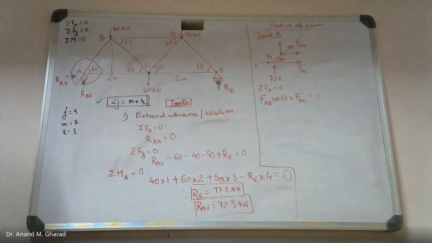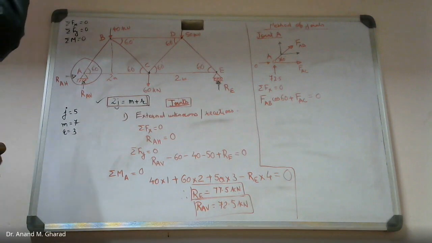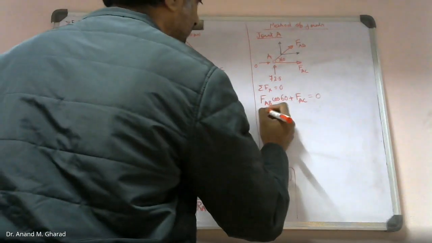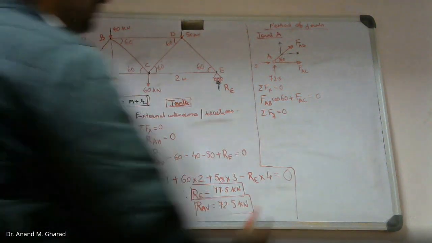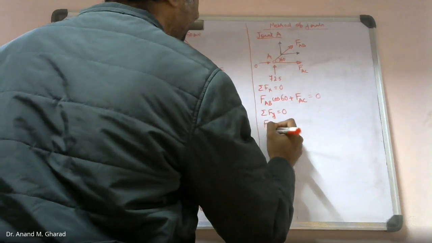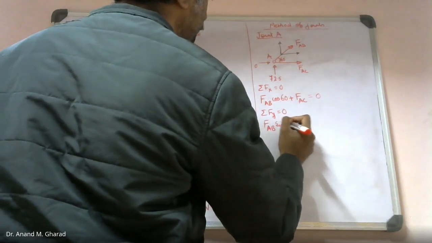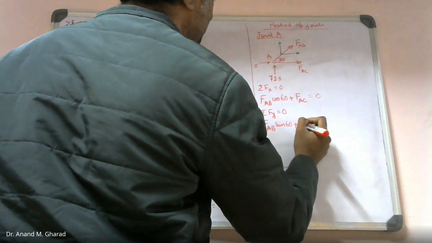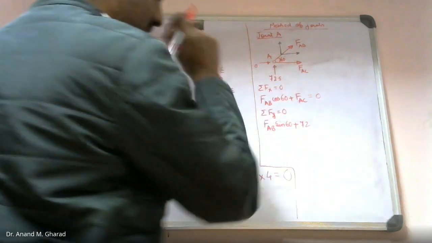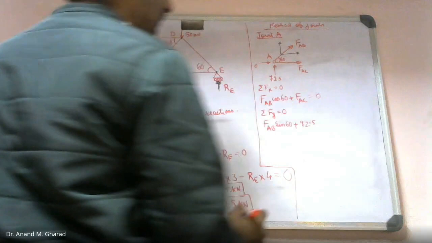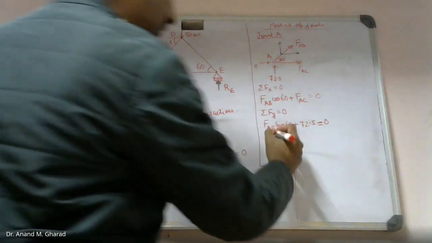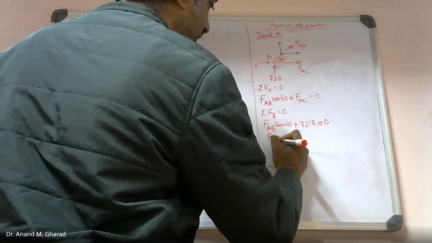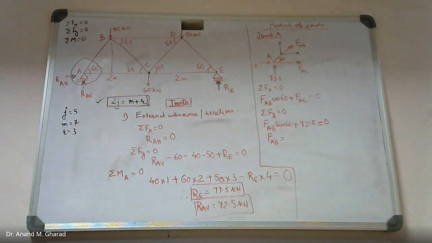Am I right? Then summation of force in y direction equal to 0: FAB sin 60 plus 72.5 equal to 0, any other vertical force being absent. From here, I can get the value of FAB, the force in member AB. How much is it?